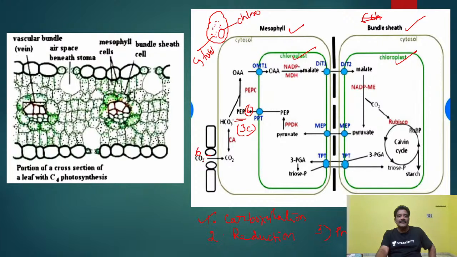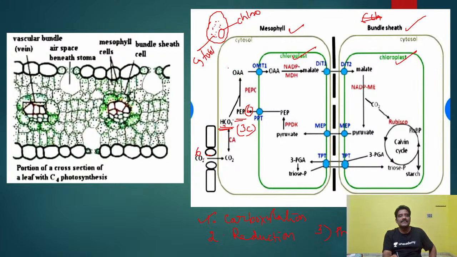Carbon dioxide combines with PEP in the form of bicarbonate, not directly as carbon dioxide. PEP is the carbon dioxide acceptor. As a result of PEP plus carbon dioxide, OAA is formed.